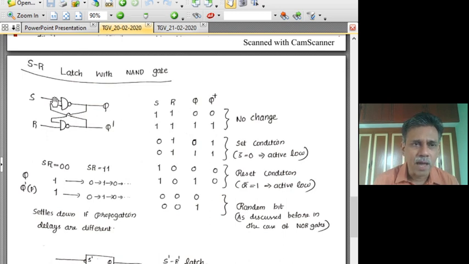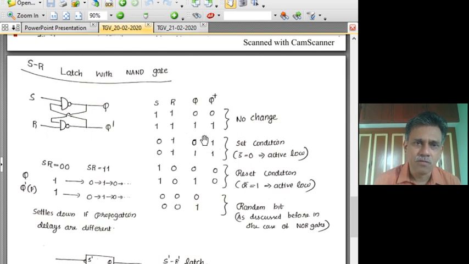Now let us look at what happens when S is 0, R equals 1. When S is 0, it forces a 0 before the bubble of that NAND gate and a 1 after the bubble of the NAND gate, which means it forces Q to become 1. So Q plus will become 1.